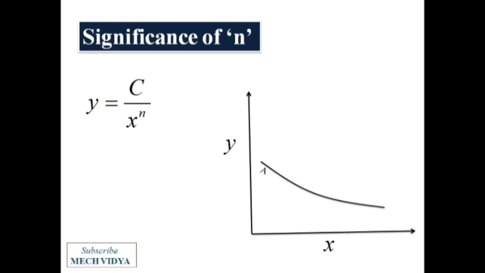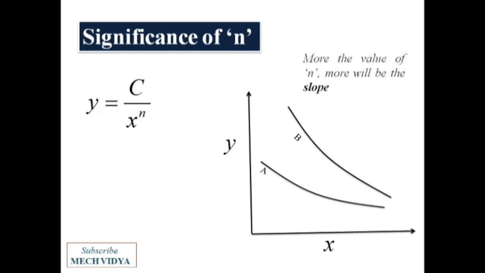Let us assume this curve has been obtained for a particular tool material A. Similarly, for another tool B, we will get a different curve of the same pattern. Now, the higher the value of n, the more will be the slope of this curve. Slope is nothing but the angle the curve makes with the x-axis. So in this curve, since theta 1 is greater than theta 2, n of B will be greater than n of A.